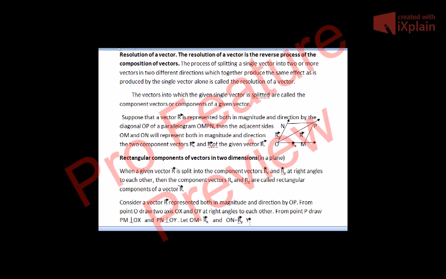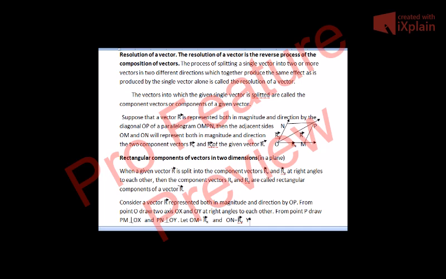So, what is resolution of a vector? You know that the process of splitting a single vector into two or more vectors in two different directions, which together produce the same effect as is produced by the single vector alone, is called the resolution of a vector. The resolution of a vector is the reverse process of composition of vectors.